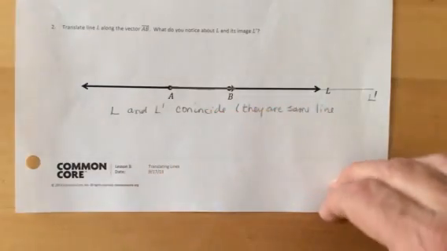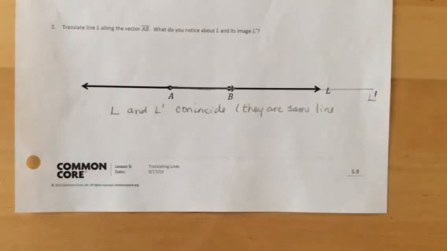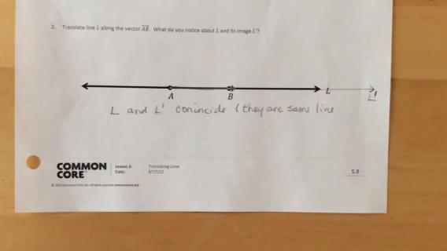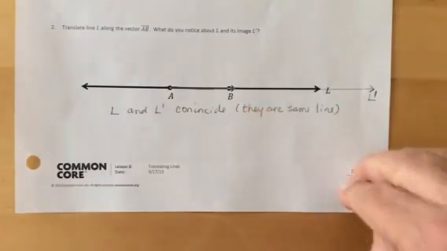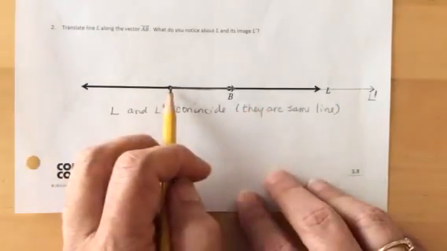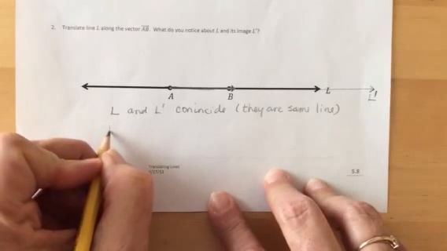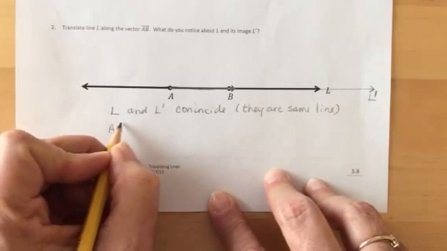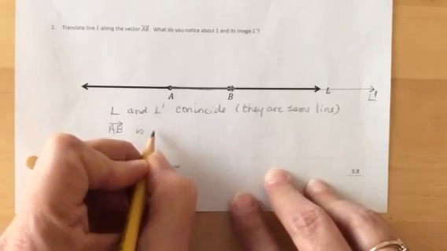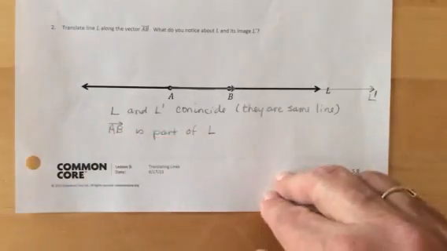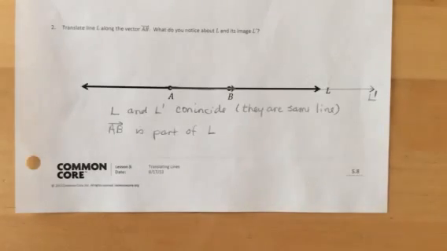Even though I moved it over, they contain exactly the same set of points, which is what a line is. A line is just a set of points, and they're the exact same set of points, even though it's translated. So this is the case where my vector AB is part of L. The vector is lying on L.